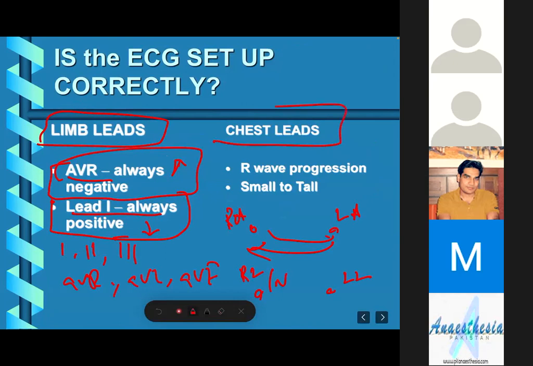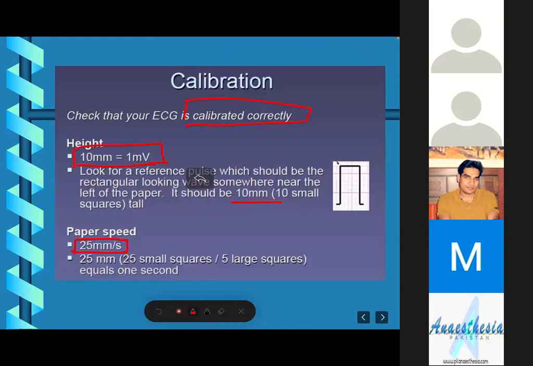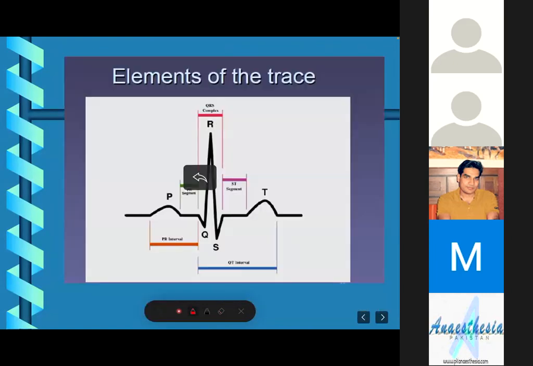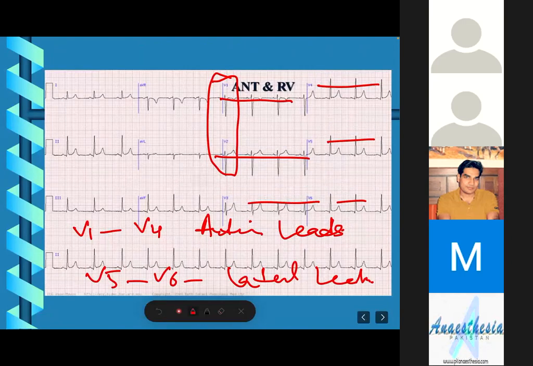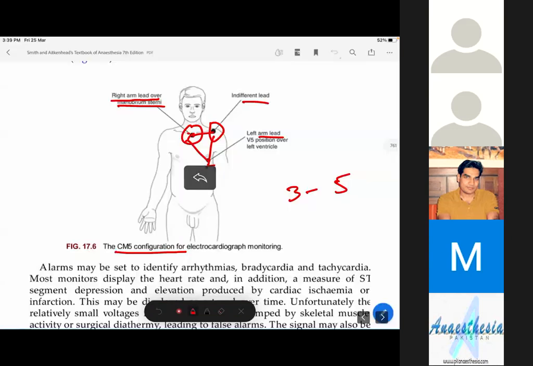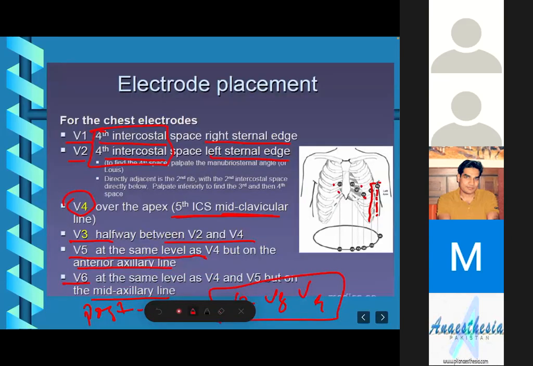About the chest leads, if we improperly place the chest leads, we get poor R wave progression. I will demonstrate this on the diagram where we discuss the chest leads. This is the normal positioning of leads.